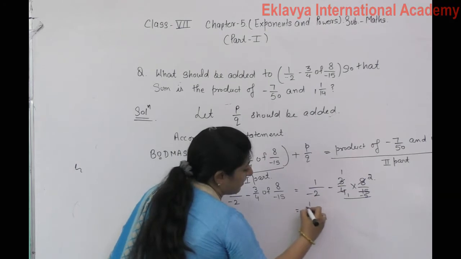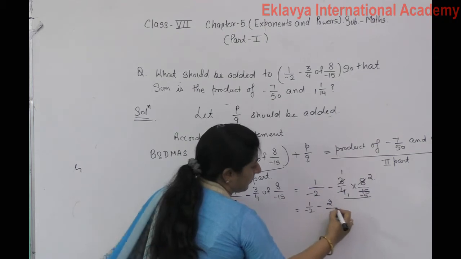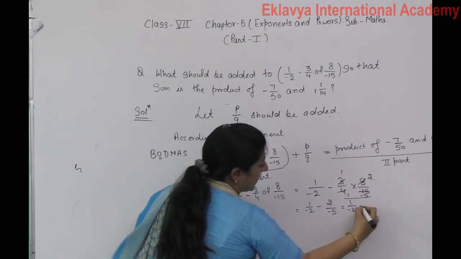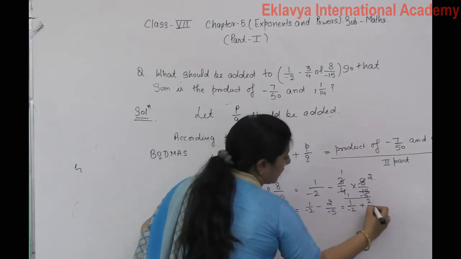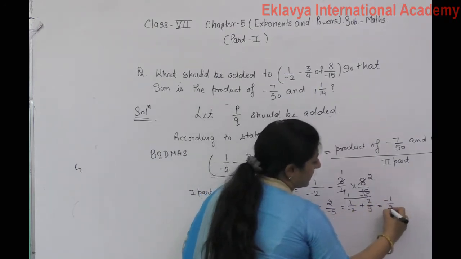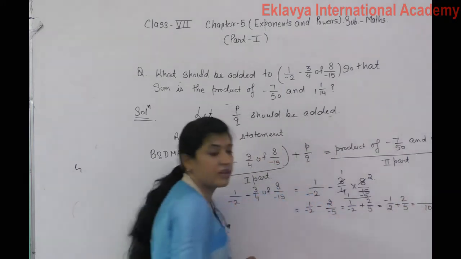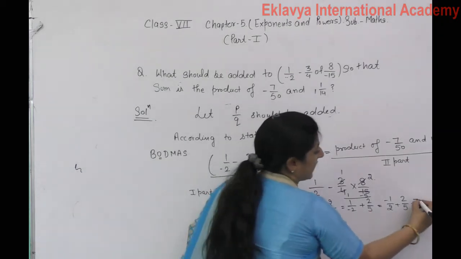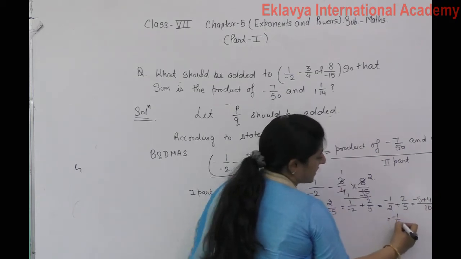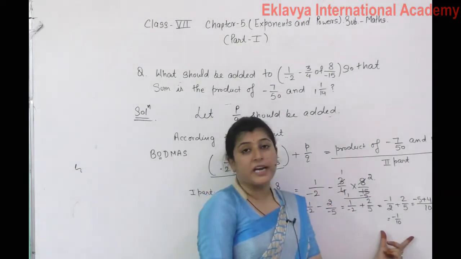Minus 5 remaining. 1 upon minus 2 minus 1 into 2, 2, 1 into minus 5, minus 5. It becomes 1 upon minus 2 minus minus, plus 2 by 5. When you make the denominator positive, it becomes minus 1 by 2 upon 2 by 5. LCM is 10. 2 fives are 10, minus 5 plus 5 twos are 10, 2 twos are 4. It becomes minus 1 by 10. So the solution of the first part is minus 1 by 10.